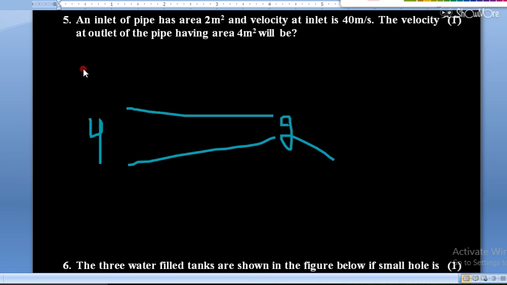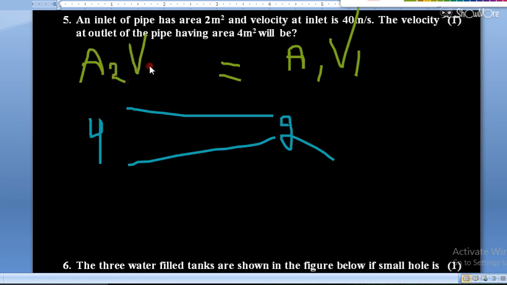So let's suppose this is A1 and v1. That is the result of equation of continuity: A1 v1 is equal to A2 v2. This is the result, and area A1 is 2, into velocity at this point, 40.